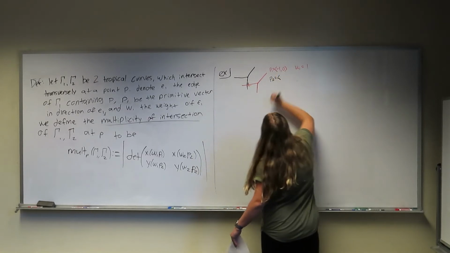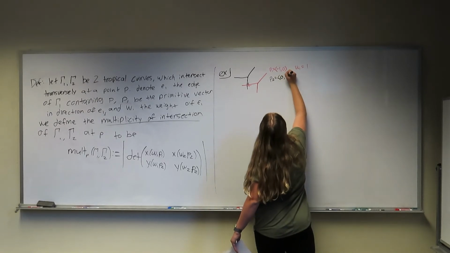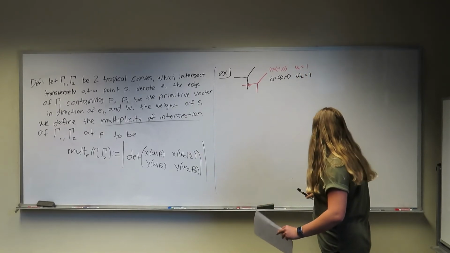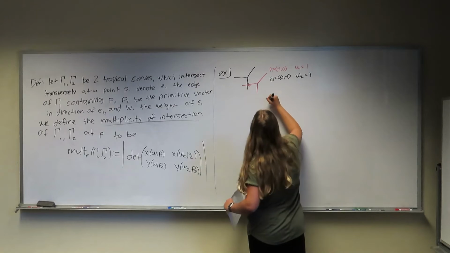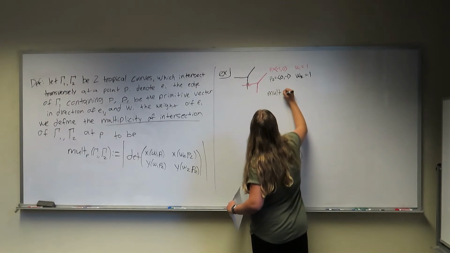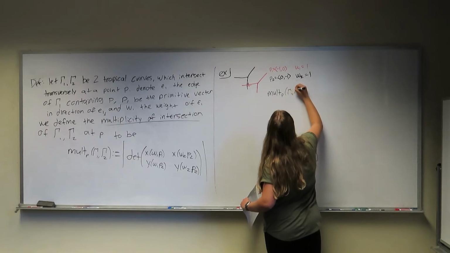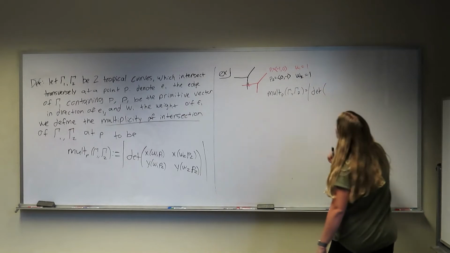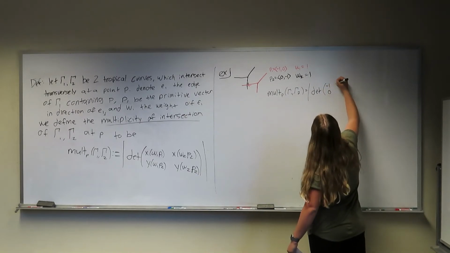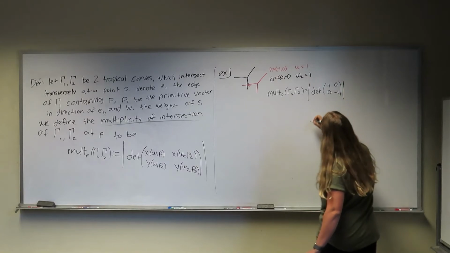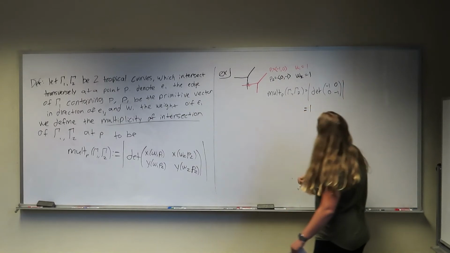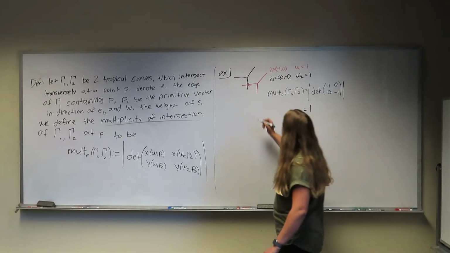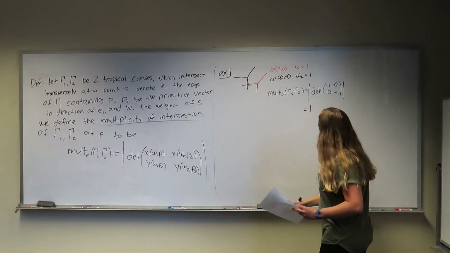So this primitive vector has direction 0, -1. Also has weight 1. So the multiplicity of intersection of this point is the determinant of -1, 0, 0, -1, which is equal to 1. So these two lines are intersecting at a point P that has multiplicity 1.